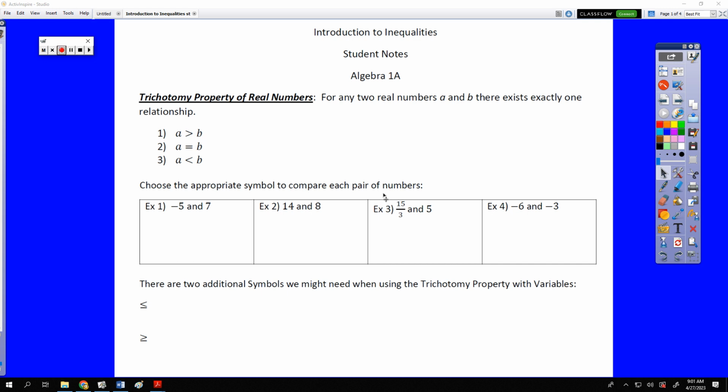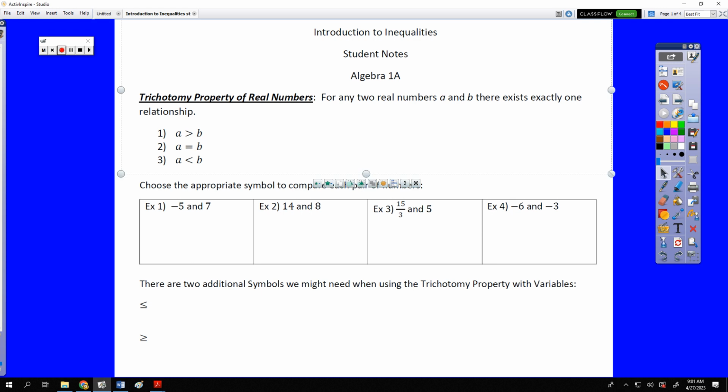Thank you. Okay, so when we talk about numbers, every number we've dealt with so far in Algebra 1 has been based on one symbol, the equal symbol. But in reality, when we talk about comparing any two numbers, A and B, there are three different ways that we can compare those numbers.